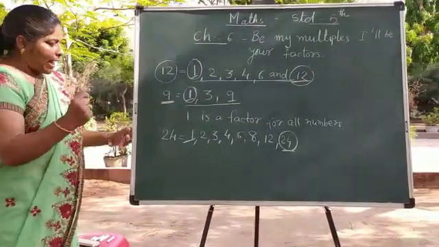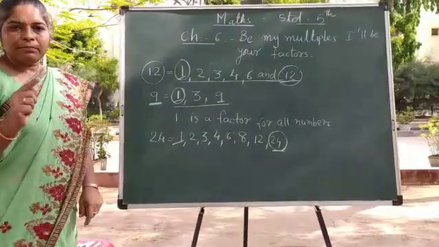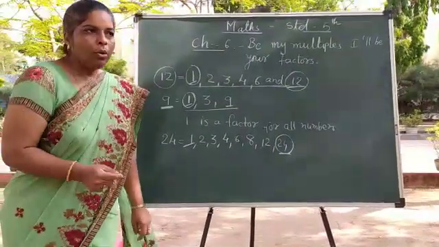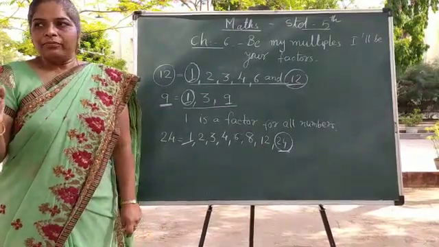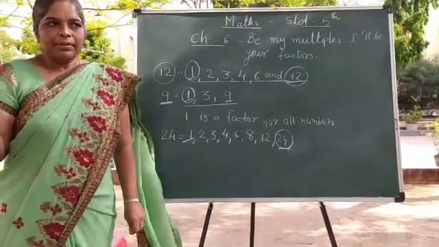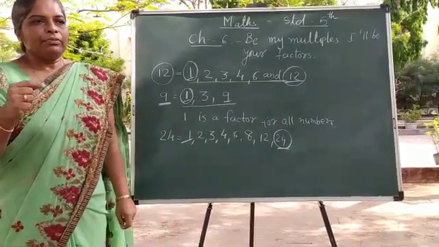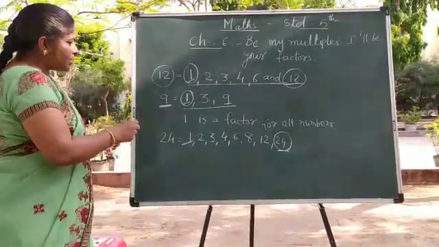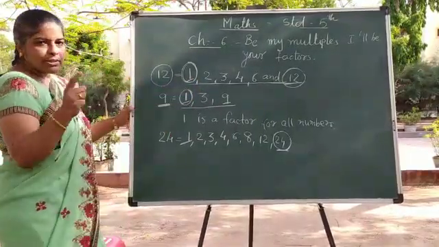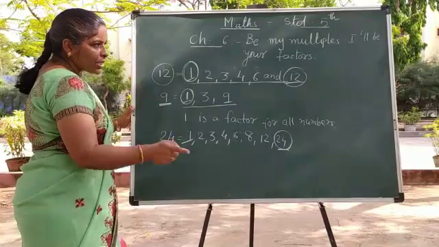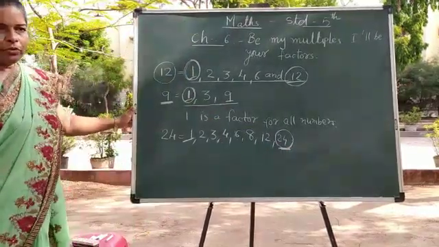When you are asked to write the factors of any number, you just see in which tables that number comes, or you can think of the numbers by which it can be divided, and the divisible numbers are the factors of that number. So the main points are: the smallest factor is 1 and the number itself is the greatest factor.